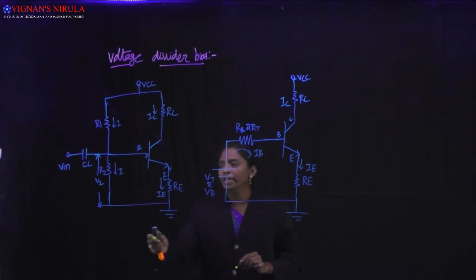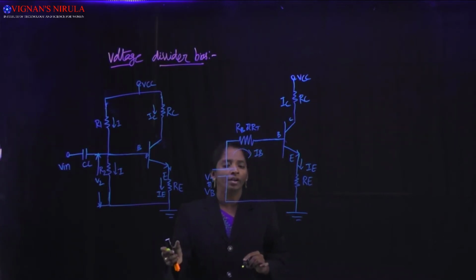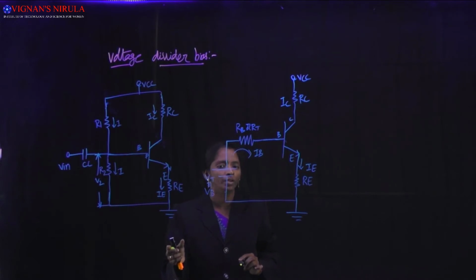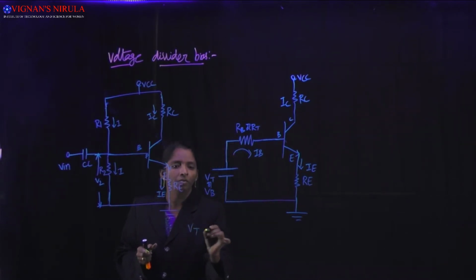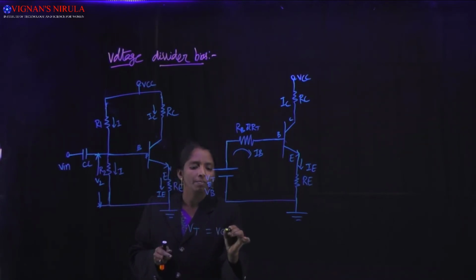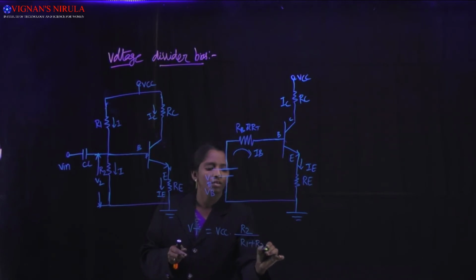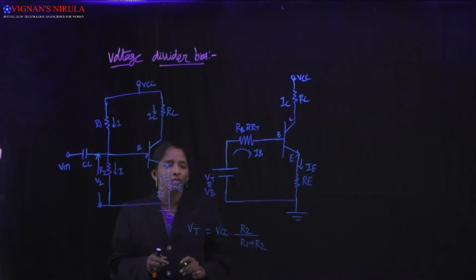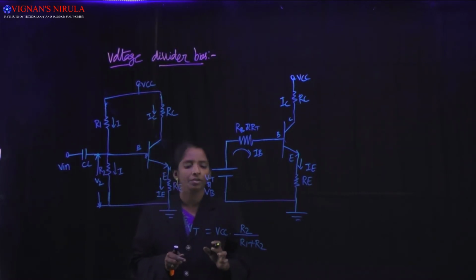Now write the equation for total voltage from the circuit. VT equals the supply voltage VCC times the voltage drop across R2 divided by R1 plus R2. This is the total voltage by applying Thevenin's equivalent circuit.